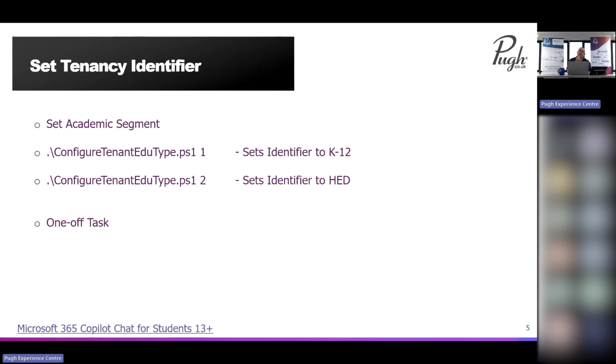One will set your tenancy identifier to be K-12 education, and 2 will set it to HED. K-12 is obviously for schools, but also colleges, because you tend to have students under the age of 18. So you need to set this different identifier, a one-off task, nice and easy.